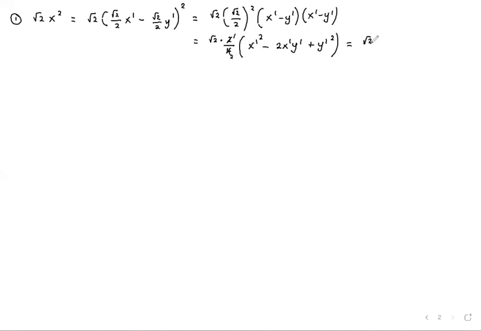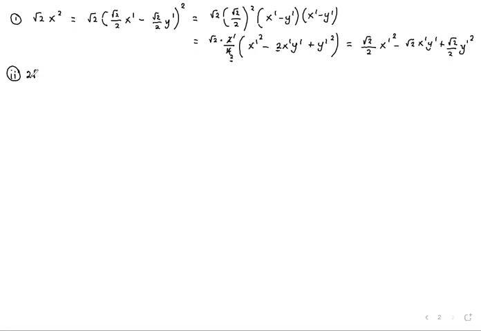So we'll get root 2 over 2 x prime squared minus root 2, because this 2 here will cancel this 2 which is down. So root 2 x prime y prime, and then plus root 2 over 2 y prime squared. So we keep the first one.